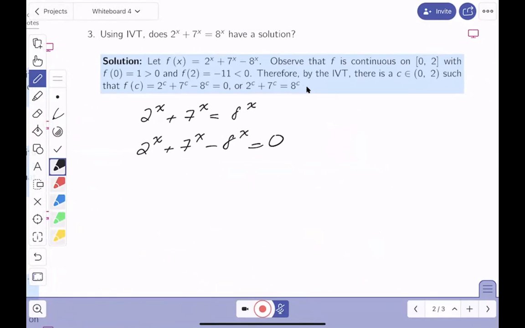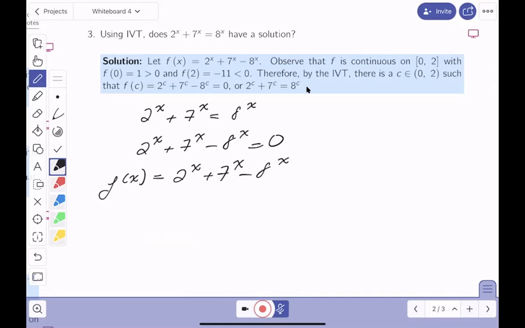And then the big question, you wonder, does this thing have a solution equal to 0? So I'm going to say f of x equals 2 to the x plus 7 to the x minus 8 to the x. And my W is 0. So what I'm looking for is an interval that would contain 0. Now, what do I mean by that? There's something above it, something below it.